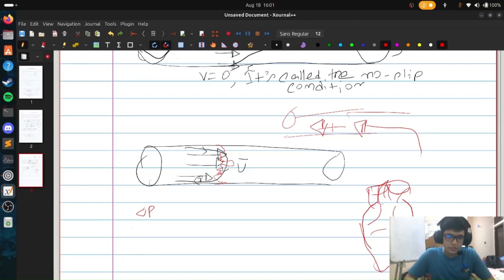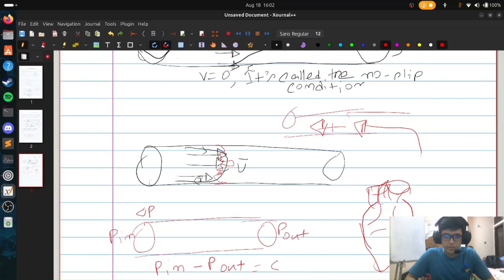Suppose this is our blood tube here, and this is the incident pressure, and this is the outside pressure. The pressure drop is larger in turbulent flow, and the pressure drop of laminar flow is less.